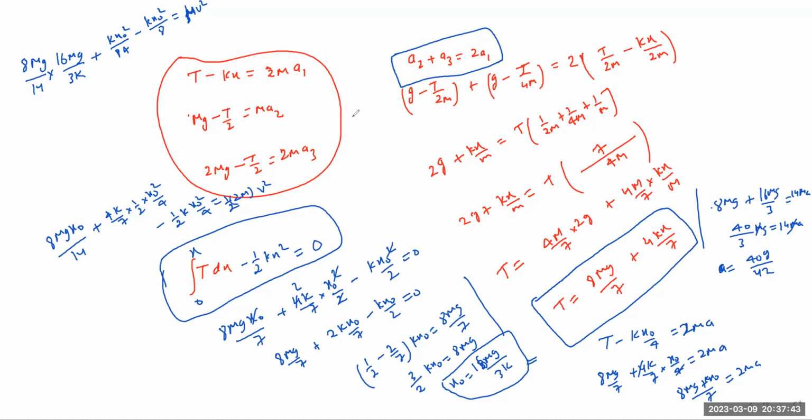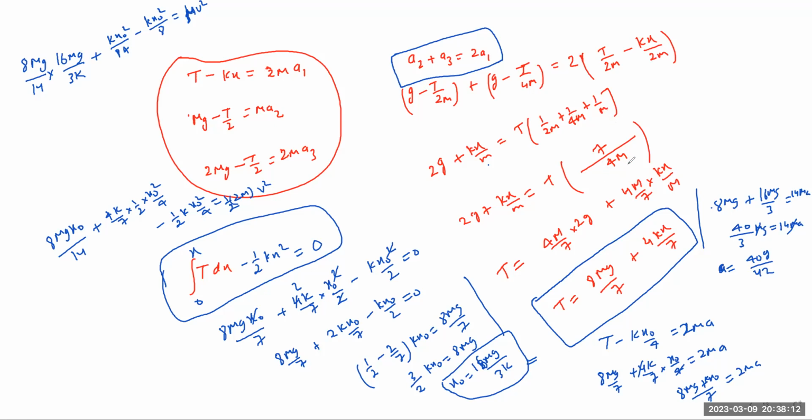Yes, sir. P by 2m and T by 2m and kx by 2m. So this g plus g is 2g plus kx by m, correct? And then T, 1 by 2m and 1 by 4m and 1 by m.